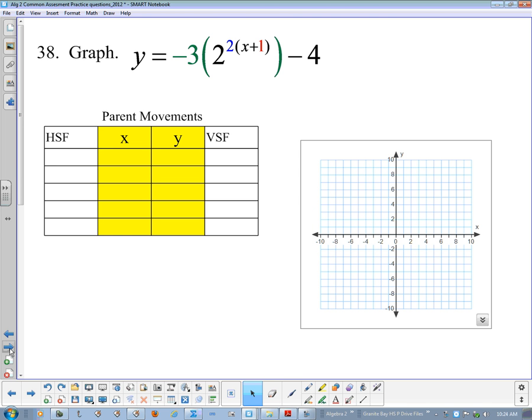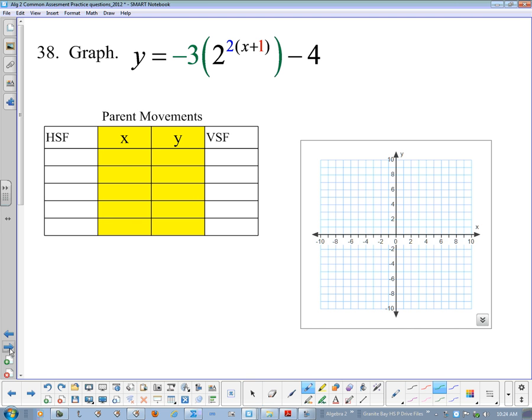Here's another graph. This one is much more difficult than anything you'll see. What type of function is this? Can anyone tell me what type? Exponential function here.